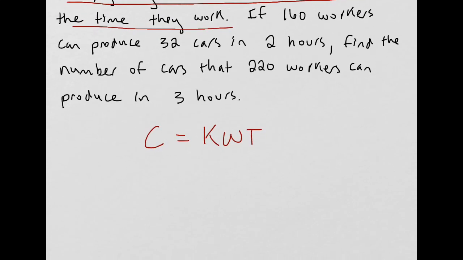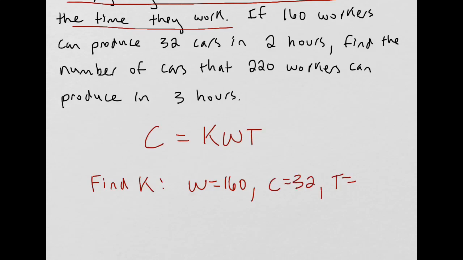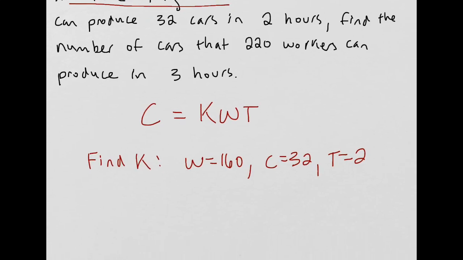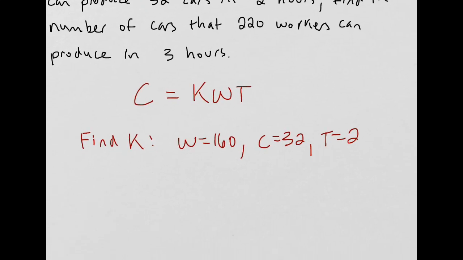So the next step then is we want to find that K value. So if we look at the second sentence, it says that 160 workers can produce 32 cars in 2 hours. So what they're saying is W equals 160, C equals 32, T equals 2. So notice that gives me all of the variables that I would need to figure out what K is.